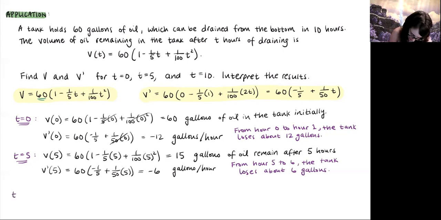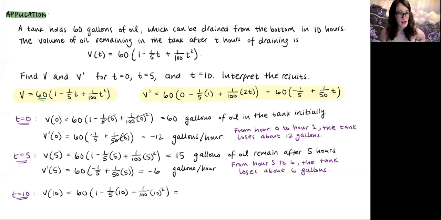Okay, then at the end, t equals 10. Let's find the volume after 10 hours. So we'll plug a 10 into the volume equation. And when you do that, you should get 0 out. 0 gallons.